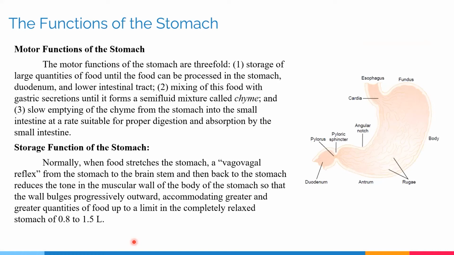After the swallowing phase has been completed, we will now look in detail at the stomach and the functions of the stomach. The first thing we'll look into is the motor functions of the stomach.